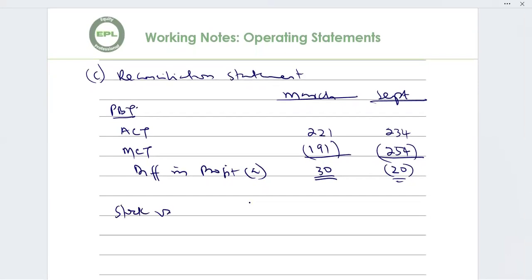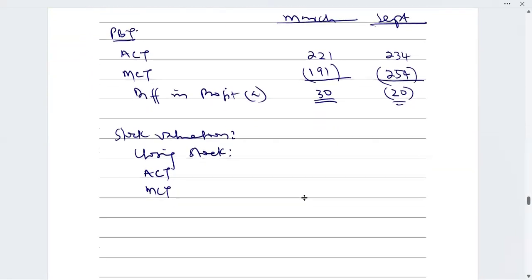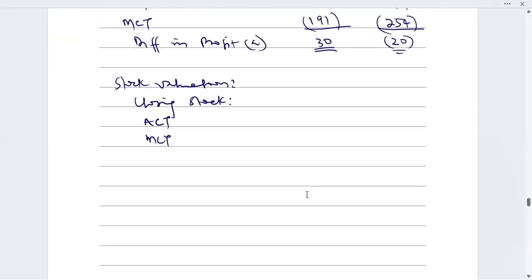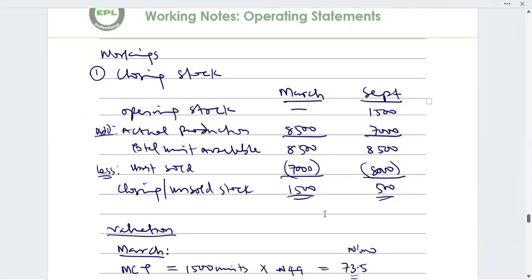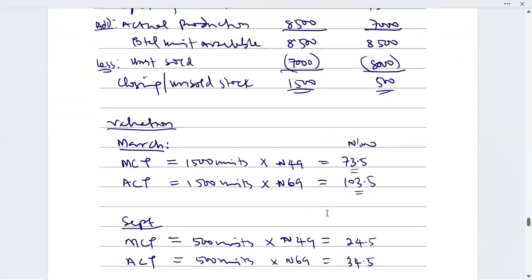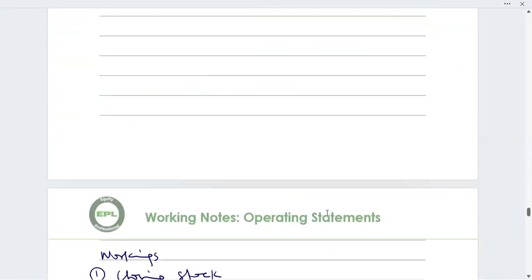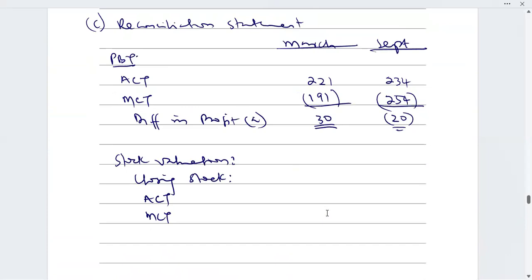Stock valuation. So closing stock, ACT, MCT. So closing stock for ACT, what do we get? 103.5 and 34.5.